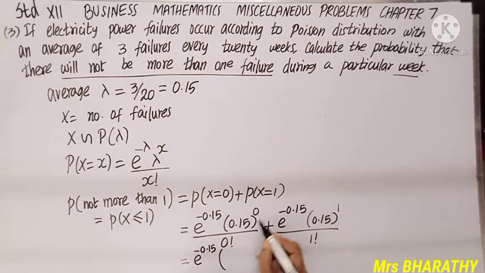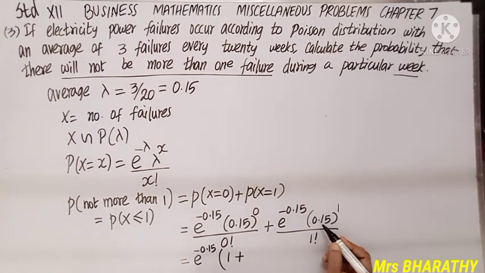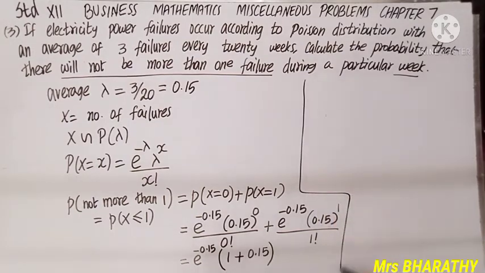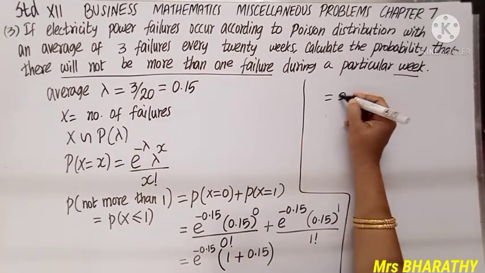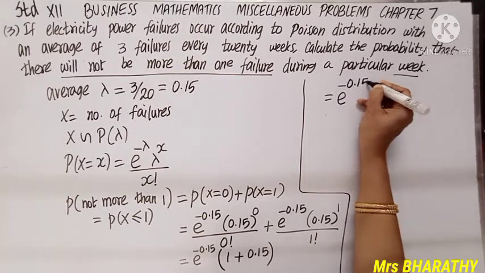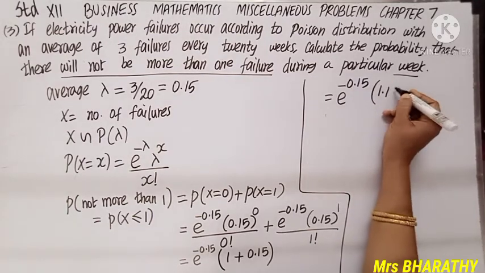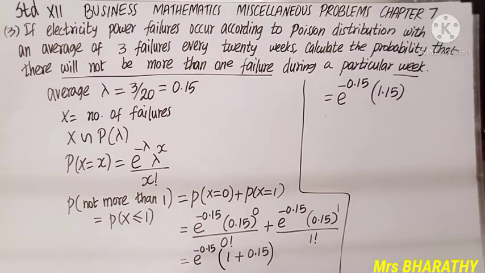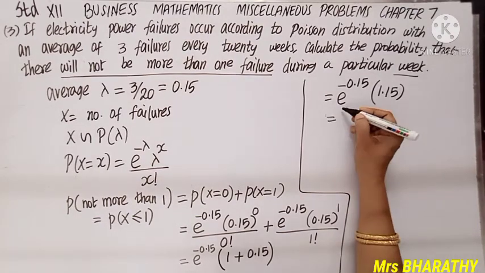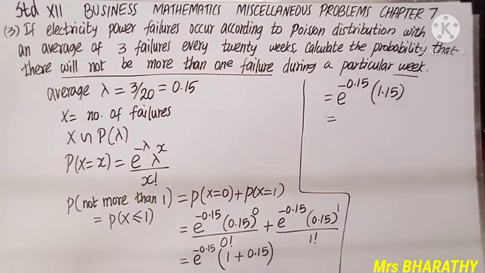Any number power 0 is 1. 0 factorial is also 1. So 1 by 1, I just get 1. 0.15 power 1 is 0.15. 1 factorial is also 1. As we simplify, we just get e power minus 0.15 into 1.15.